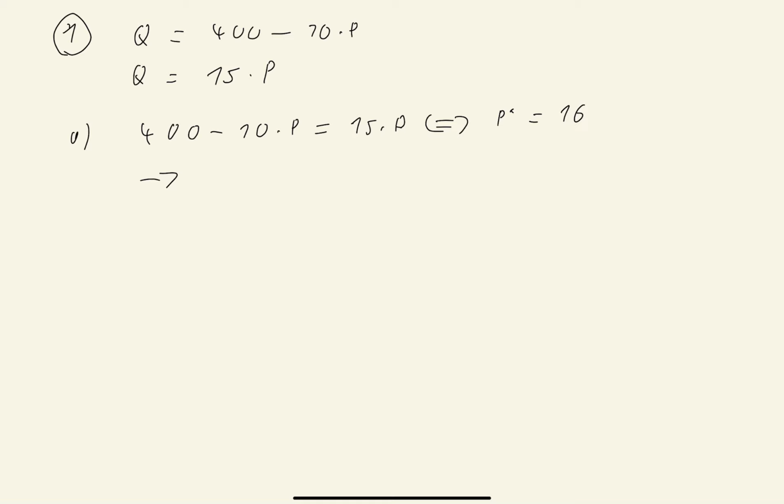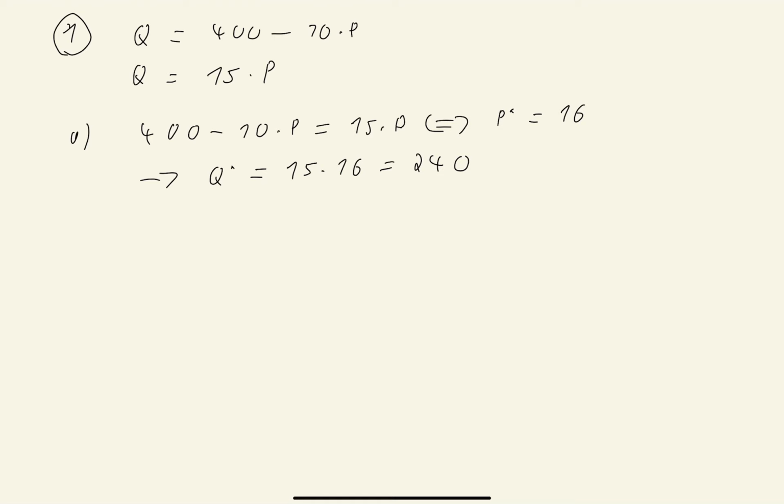And if you plug it in either to the demand curve or the supply curve, you end up with the equilibrium quantity, which is then, if you plug it into the supply curve, equal to 15 times 16, and this is equal to 240. And this is everything that we need in order to be able to calculate the consumer surplus and the producer surplus.